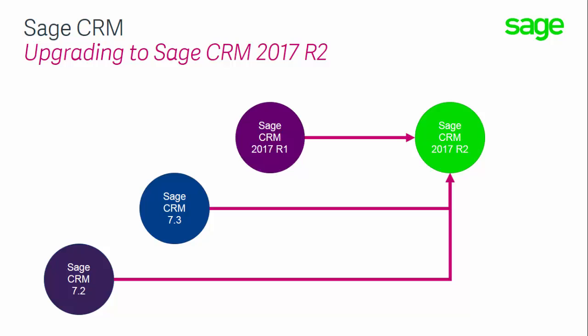If you're using Sage CRM 7.2, then please be aware that from June of this year, 2017, we'll no longer be supporting Sage CRM 7.2, and so you're advised to plan your upgrade to 2017 R2 as soon as possible. And so you can upgrade to 2017 R2 directly from 2017 R1, from 7.3 and 7.2.